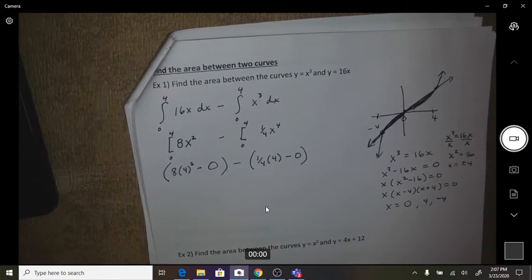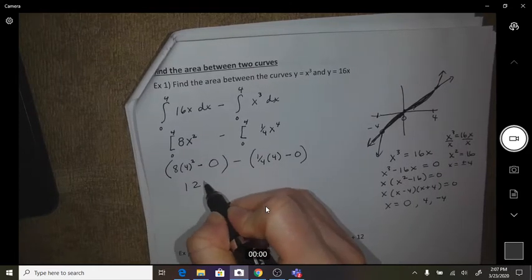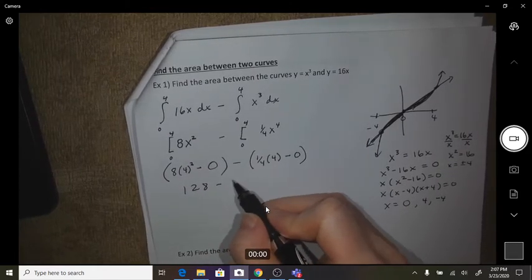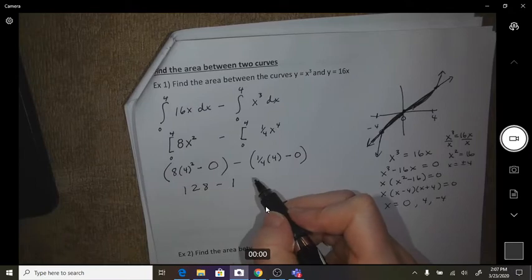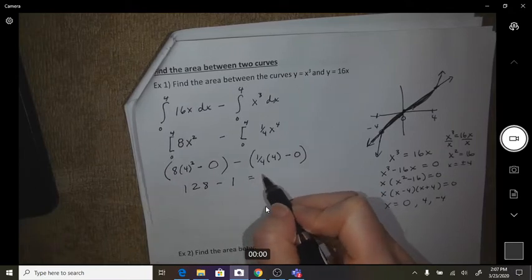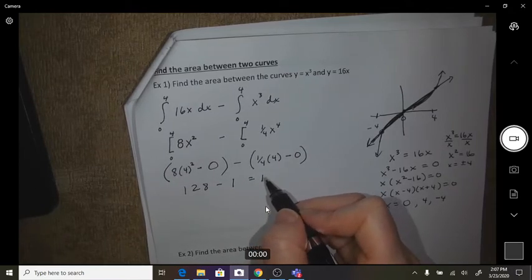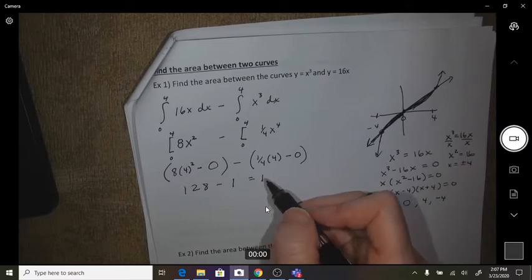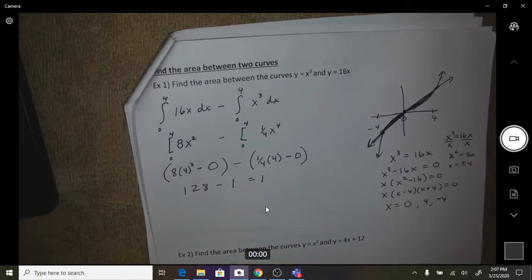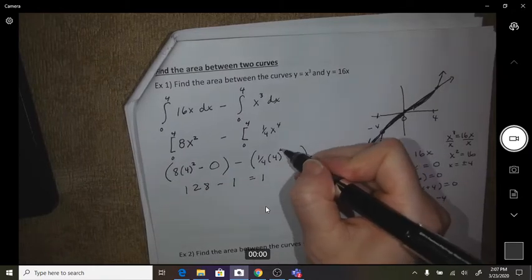Okay, so 8 times 16 is 128 minus... Oh, sorry, I did this wrong.